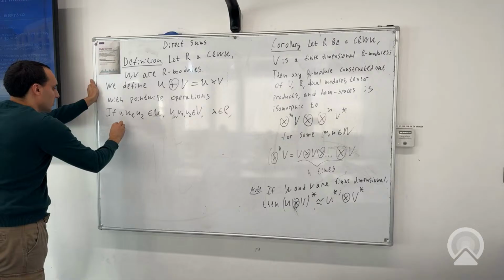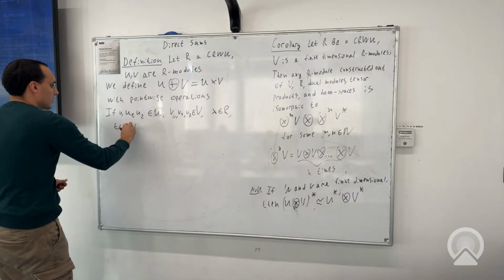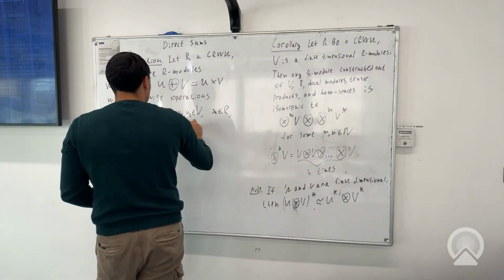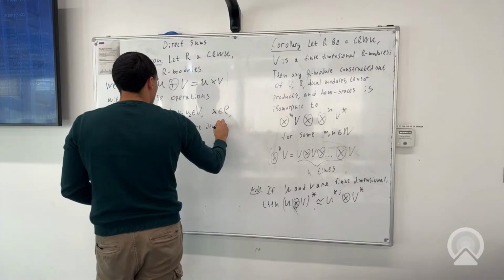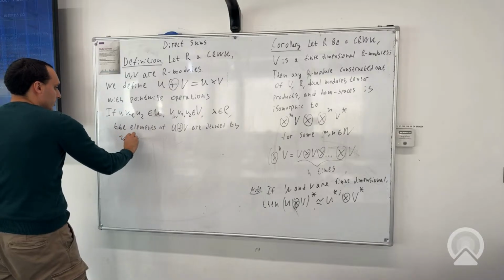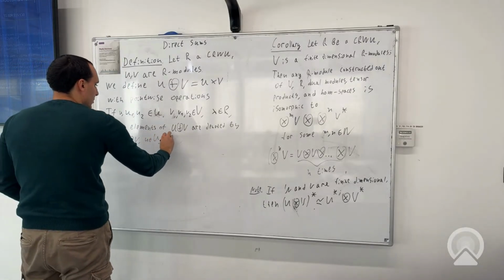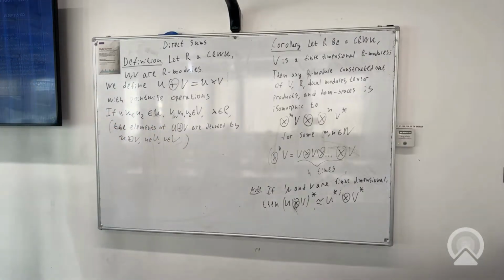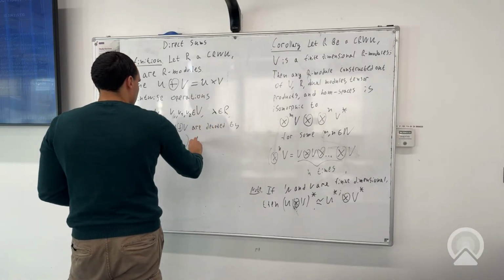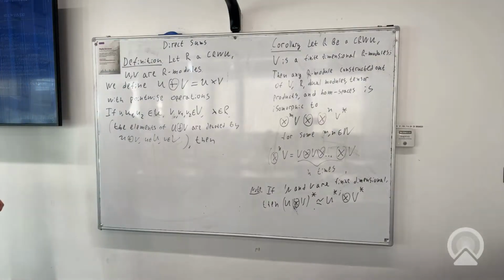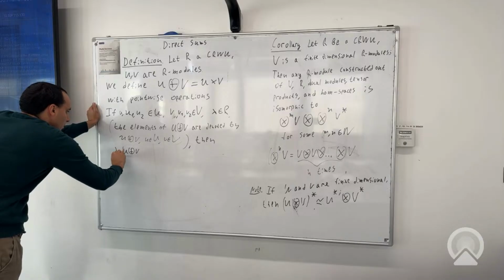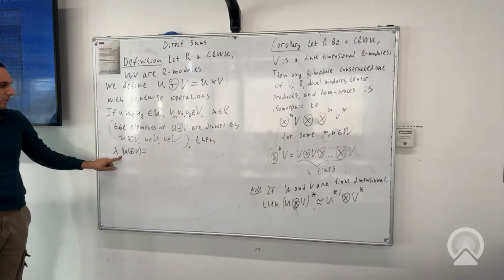The elements of U plus V are denoted by the same symbol, but with elements: u plus v, where u is in U and v is in V. Then lambda times (u plus v) is lambda times u plus lambda times v.